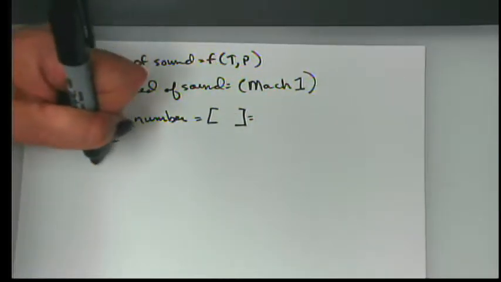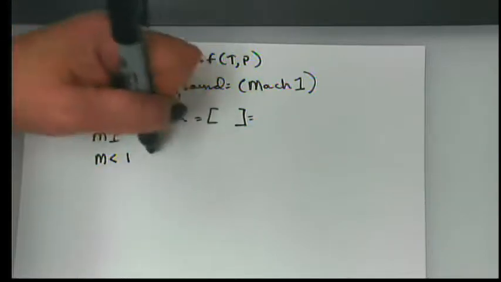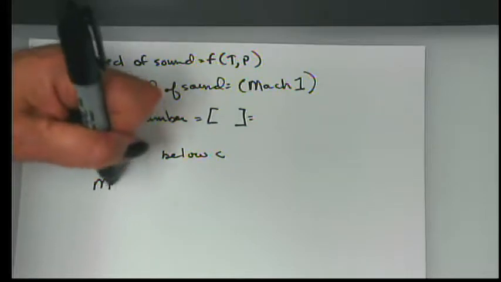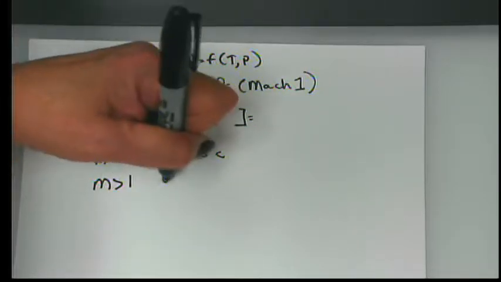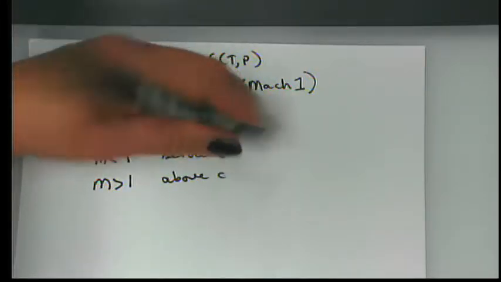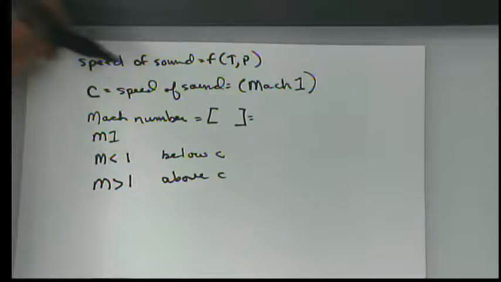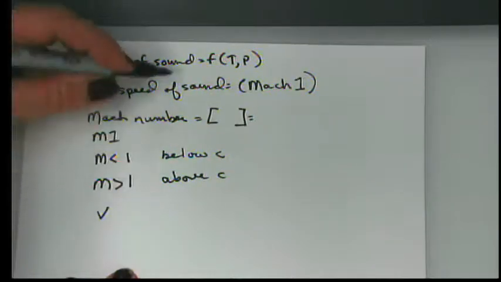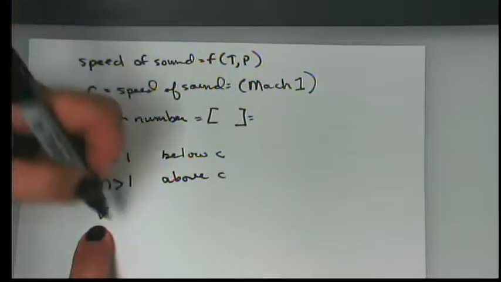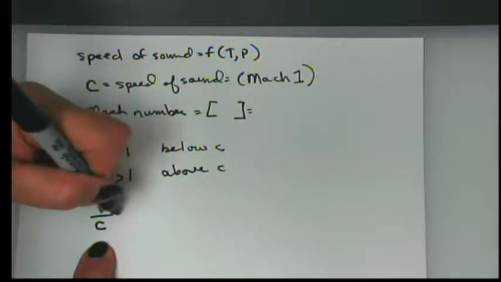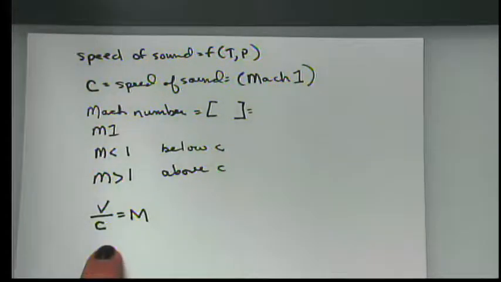If your Mach number is less than 1, you are below the speed of sound. And if your Mach number is greater than 1, you are traveling faster than the speed of sound. So if you take the velocity of your substance at the ambient conditions and divide it by the speed of sound, that will give you the Mach number.